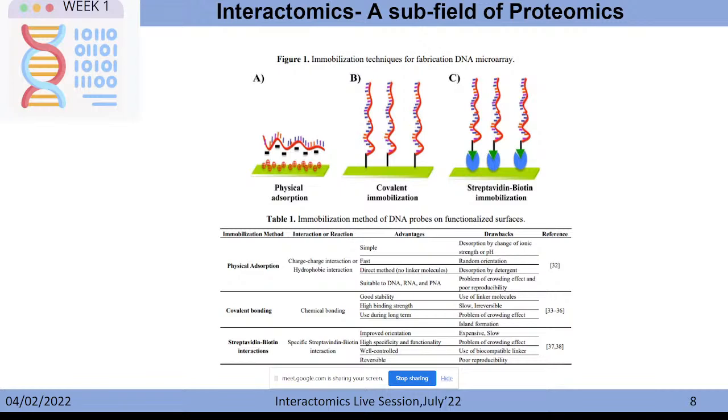Then the streptavidin-biotin interaction is specific, which helps with improved orientation and very specific, well controlled functionality, and it is reversible, but it is expensive and slow.